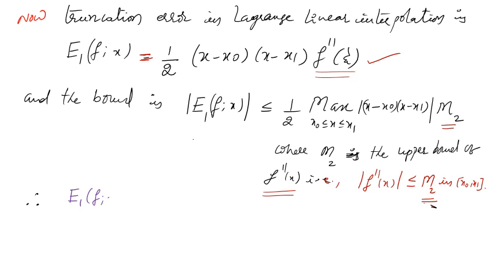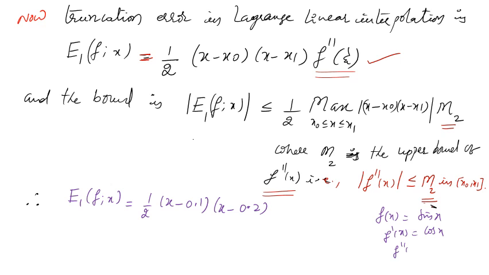E1(x) is equal to 1 by 2 (x minus x0), x0 value is 0.1, and next (x minus x1), 0.2. And what is f(x)? f(x) is sin x. So f dash x is cos x. And f double dash x is minus sin x. So f double dash xi means minus sin xi.